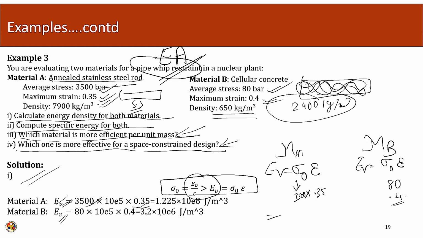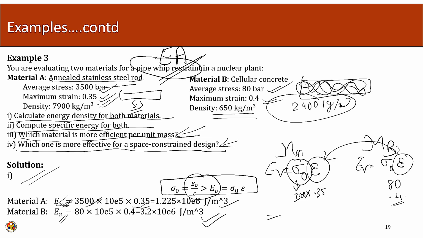Obviously, the energy density for material A is higher than material B, since the average stress is more and the strain is more or less comparable.